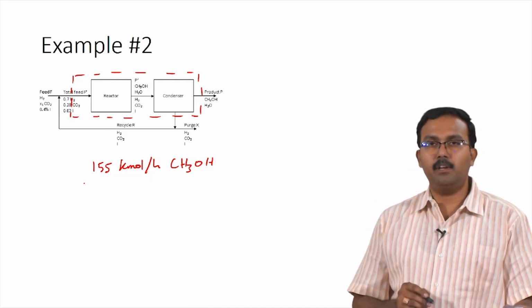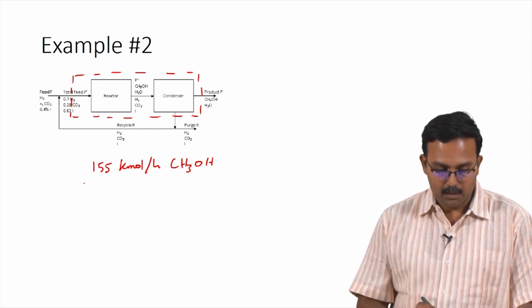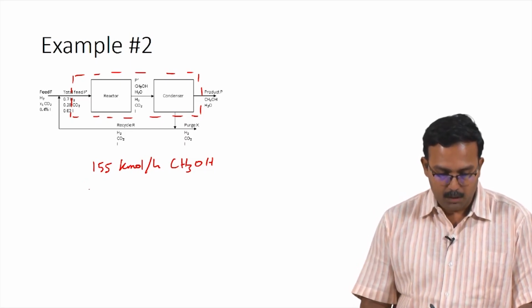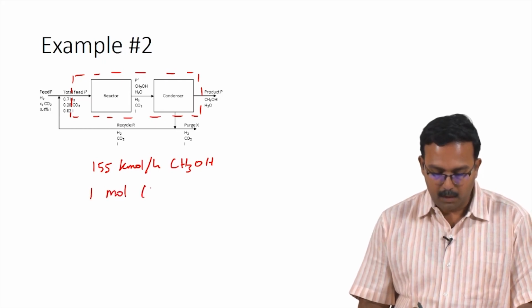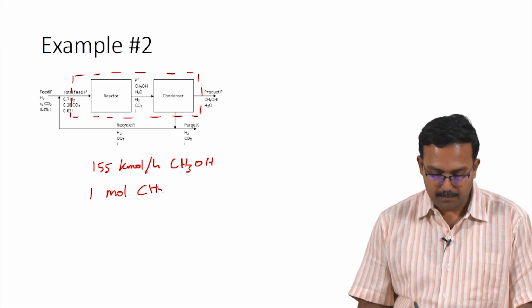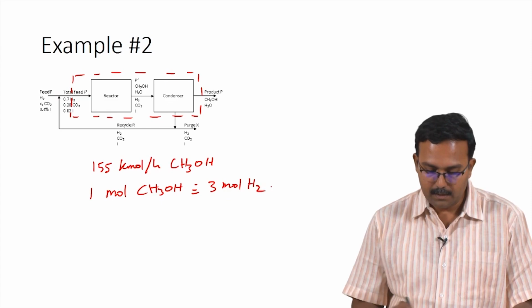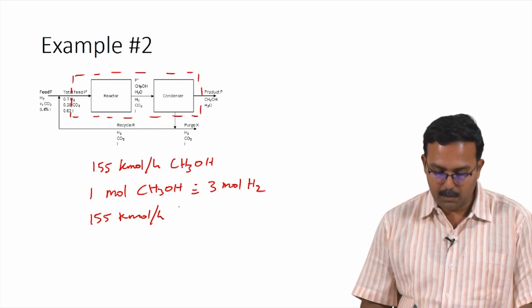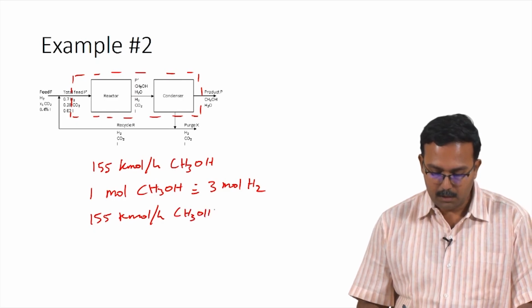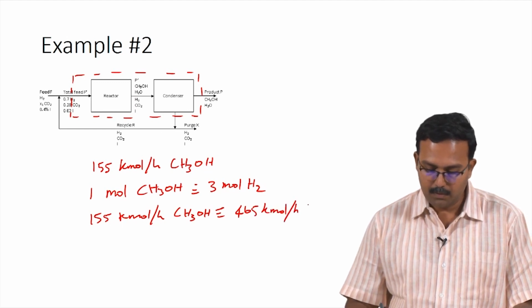So, 1 mole of methanol is produced by consumption of 3 moles of hydrogen. So, 155 kilomoles per hour of methanol is produced by consumption of 465 kilomoles per hour of hydrogen.